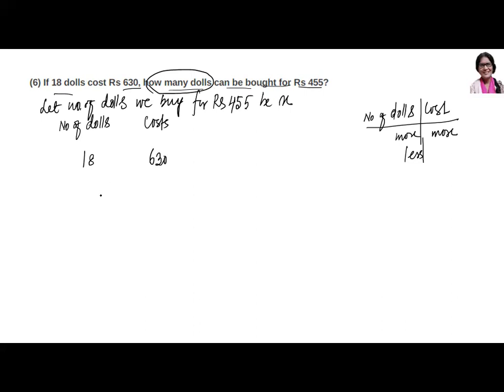How many dolls can be bought? X number of dolls can be bought with 455. So their ratio is equal, dolls to cost. So 18 by 630 is equal to x by 455.